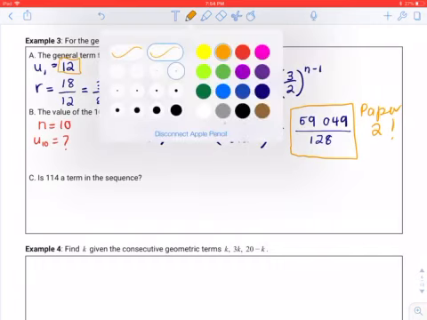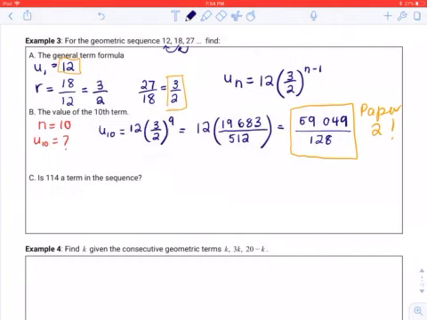Part C says, is 114 a term in the sequence? So we need to test that. We're going to put in 114 as a term value, and then we'll see if we can find a term number that's an integer. So we'll set that equal to our general term formula, and we have to try to solve for n.